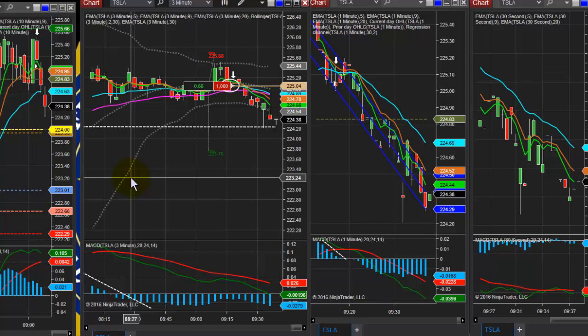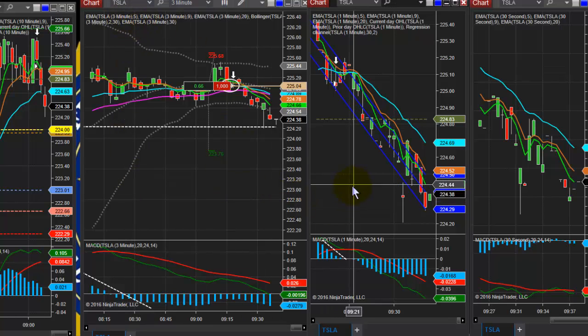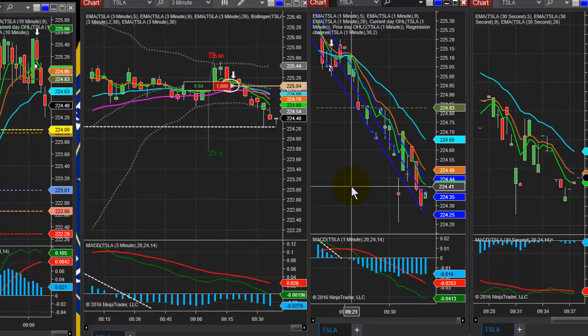I've got moving averages, all exponential: the 5, 9, 10, 20, and 30 EMA. On the 3 minute chart, I have the 5, 9, and 20 EMA, and then I also have a 30 period 2 standard deviation regression channel, and that can help me identify the direction of the short-term trend, especially when action's a little choppy or a little wavy.